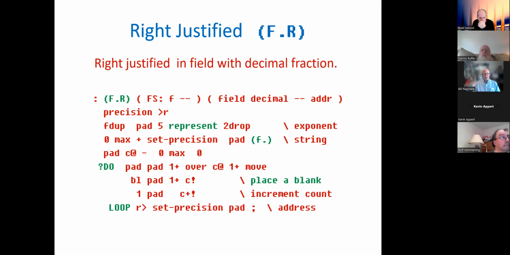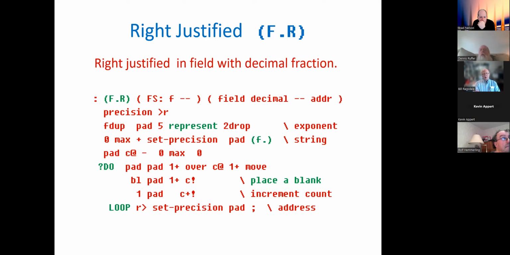So the initial portion, the first 2 lines, use represent. And this is only to get the exponent. But I found out that that's all I needed at this point. Well, I need to know where the decimal point is going to be. Then I use the built-in Forth conversion, (F.). (F.) does the conversion, and I have set it to use the string buffer at pad.